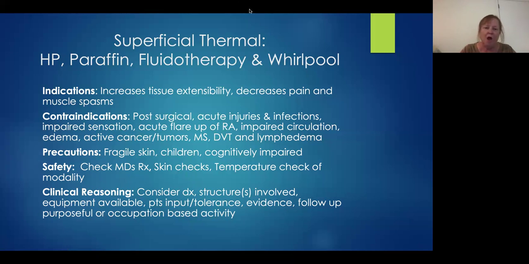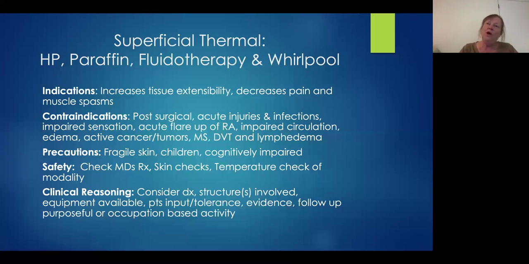So it's very common to go into an OT department and see a paraffin machine that has a built-in thermometer with another thermometer nearby that you can put in to just double check to make sure the temperature is where it should be. Okay, the same thing with the hydrocollators that you keep the hot packs in. You want to make sure you have a thermometer in there, even though it might have a built-in one, have an extra one. It's an extra safety check.